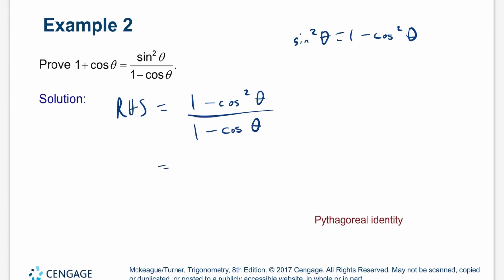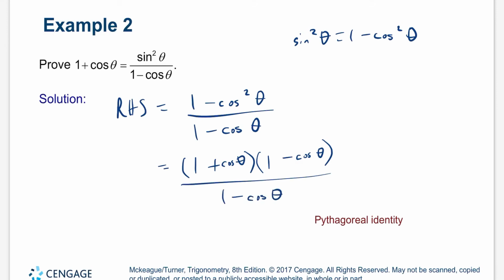And we know that this is a difference of 2 squares. That's a perfect square, and so is that. So we can write that using our formula as 1 plus cosine theta times 1 minus cosine theta. That's how you factor the difference of 2 squares, over 1 minus cosine theta. And now, as you can see, these factors cancel. That'll leave us with 1 plus cosine theta, which is the left-hand side.